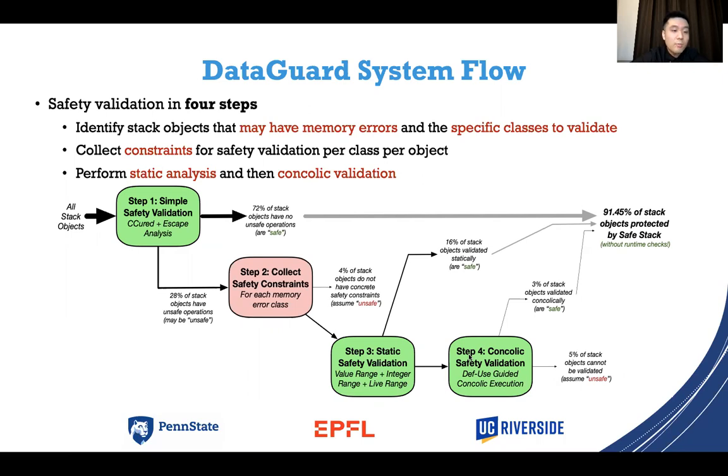Due to the overapproximation of the static analysis, many unsafe objects found by the static analysis are only used safely. So we then propose the def-use guided concolic execution to verify the safety of the unsafe objects. DataGuard is able to identify an additional 3% of the stack objects to be safe, and the total number of safe objects rises to 91.45%.